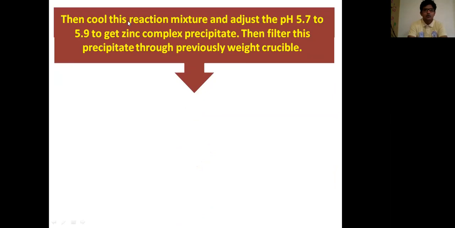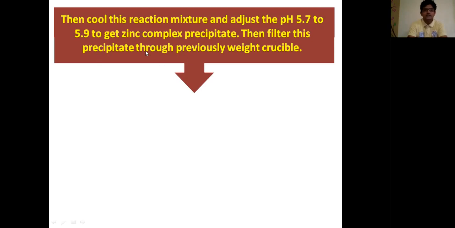Then next, cool this reaction mixture and adjust the pH to 5.7 to 5.9 to get the zinc complex precipitate. So remember here, maintaining pH in the specific range 5.7 to 5.9 is very important to get a selective complex with zinc metal of 8-hydroxyquinoline.